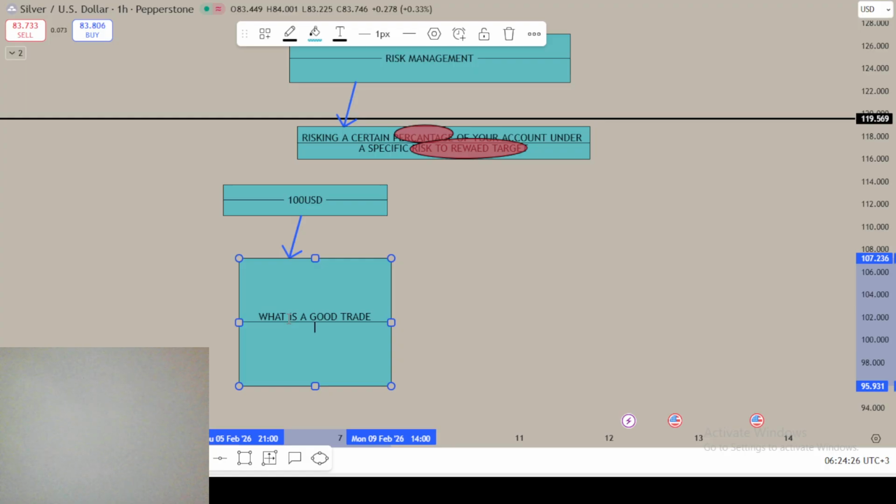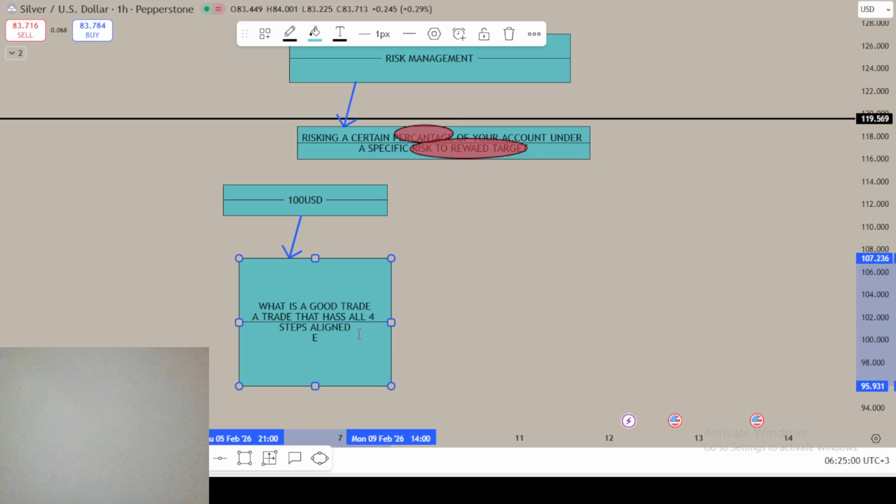A good trade is a trade that has all four steps aligned. So if you have all four steps aligned, you have a good trade. But that's not the whole concept of a good trade, because in the fourth step we have three things.